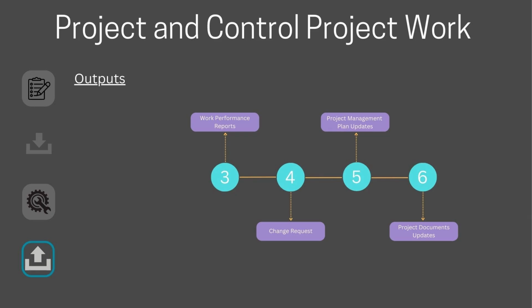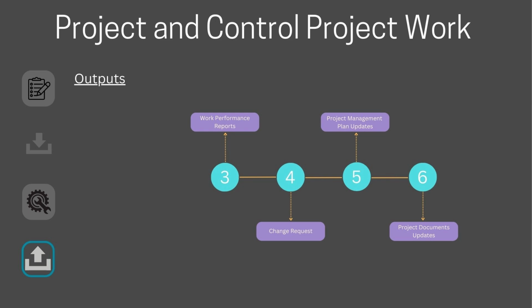Depending on the context, work performance reports are created, and templates for these reports are defined as part of the planning process. A change request is an output because deviations may be discovered during project monitoring and controlling. If a deviation is found, a change request is raised to correct it. The process of integrated change control is then performed.